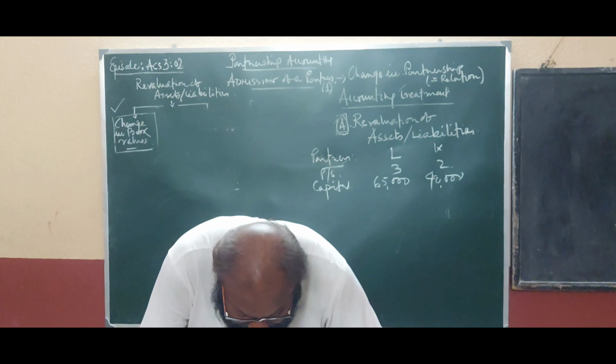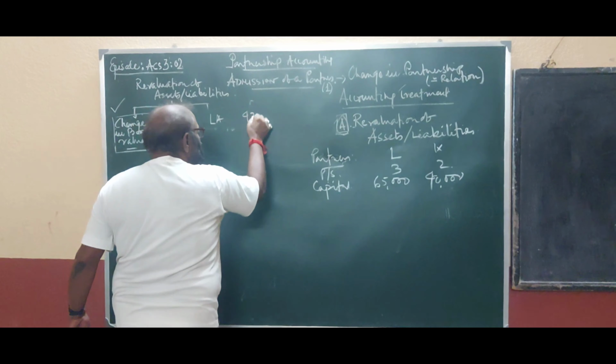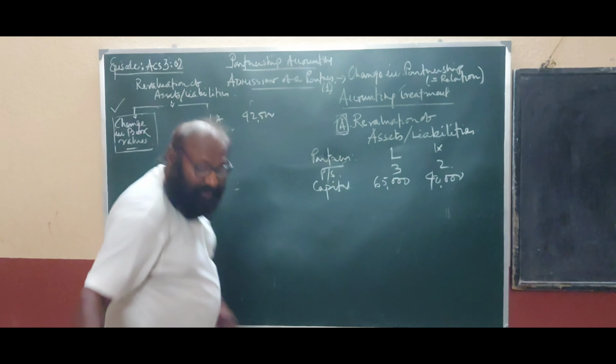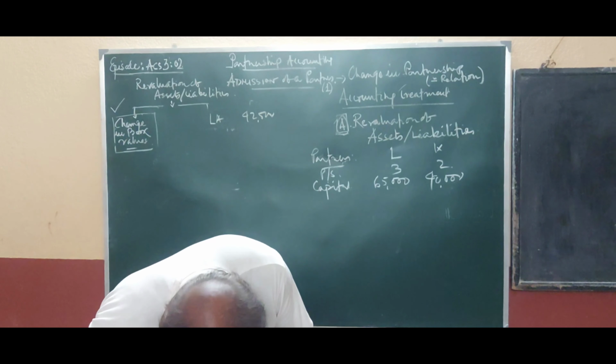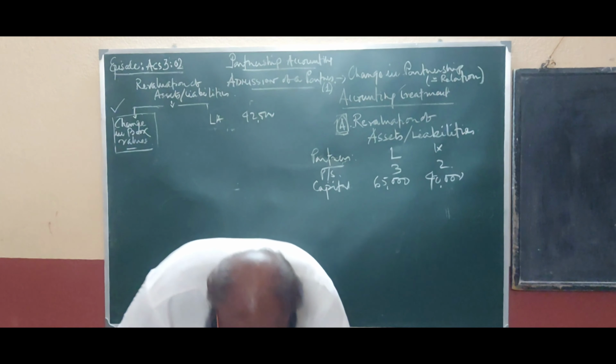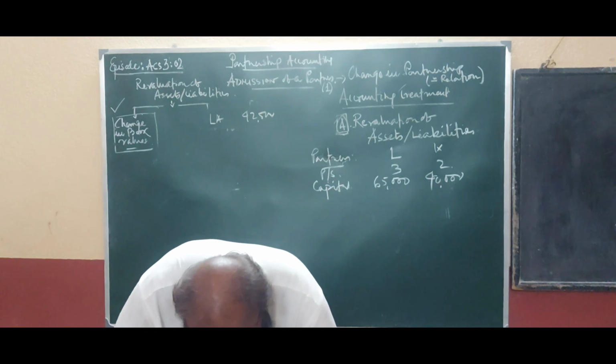Land and building 42,500. Plant and equipments 18,300. Next one, motor vehicles 12,400.